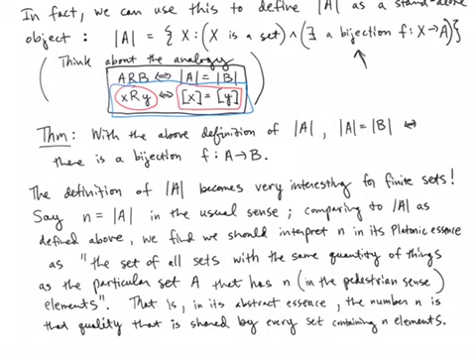All that matters is the quantity, that they can be put into bijective correspondence. So that gives you a philosophical way of thinking about what a number really is in some deeper sense. It's this abstract quality that's shared by every particular collection with that number of elements in it.